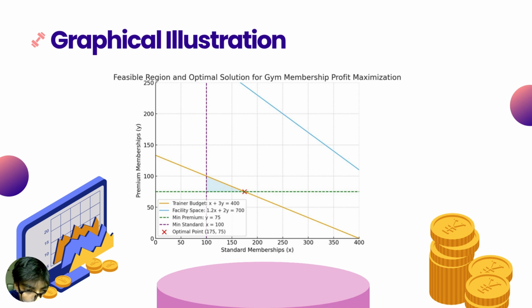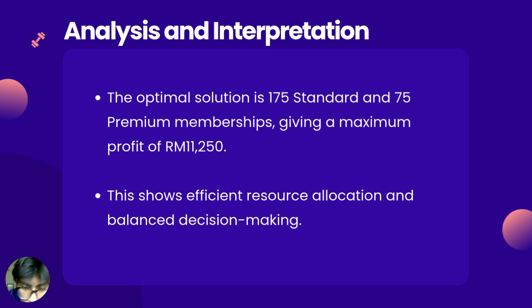As you can see here, the S1 label 1 is the optimal point, which is at 175 and 75, lies within the feasible region while maximizing profit.